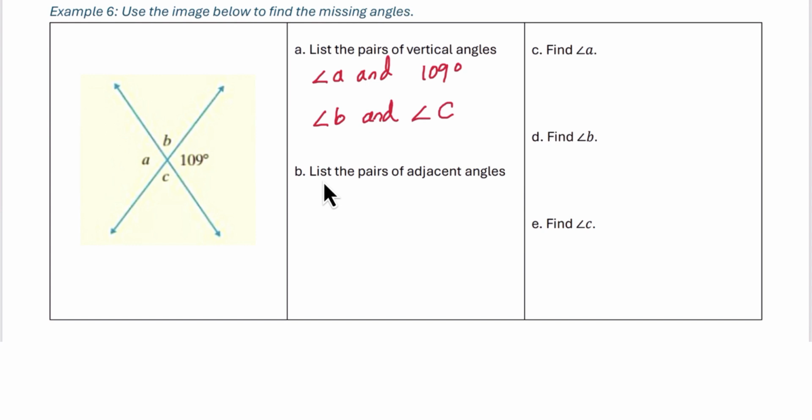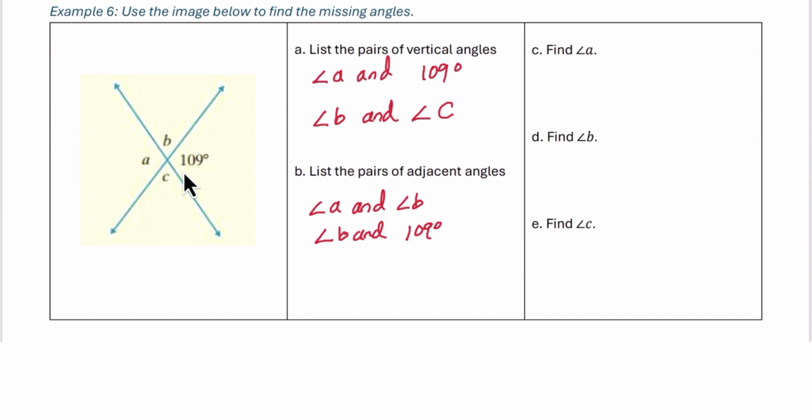Adjacent angles share a side. So we could say angle A and angle B are adjacent to each other because they share this side. We could also say angle B and the 109-degree angle are adjacent because they share this side.